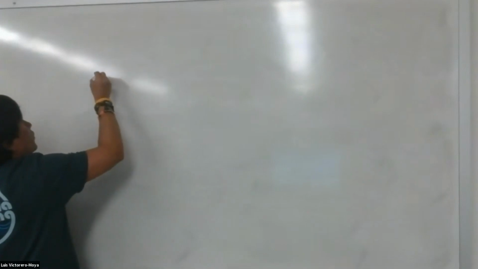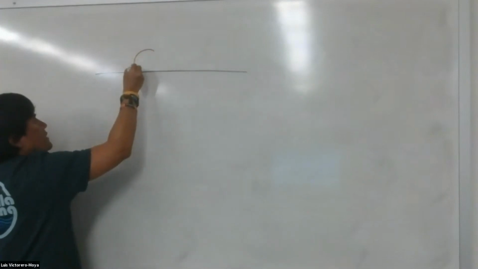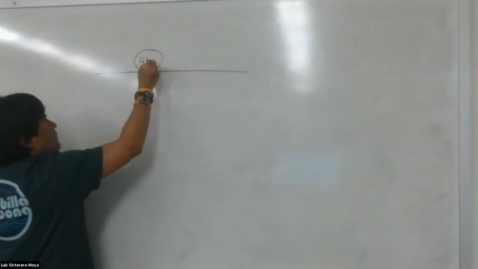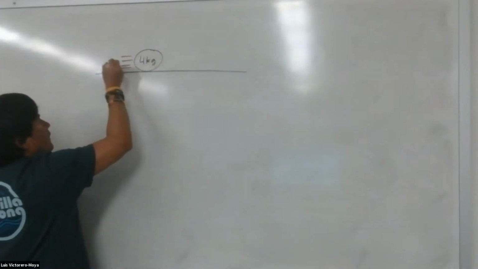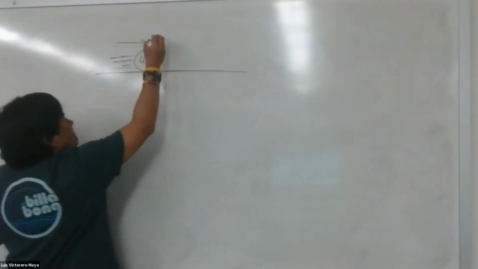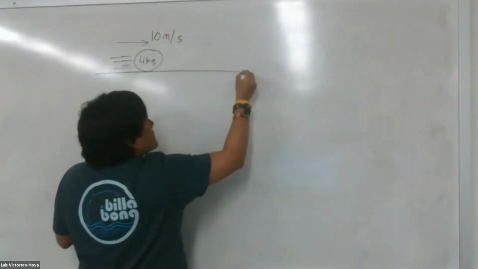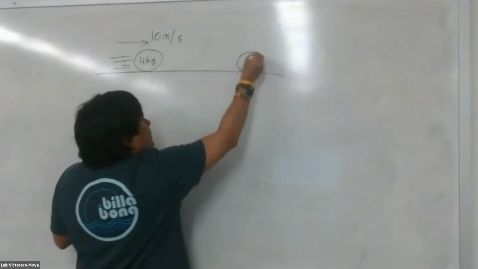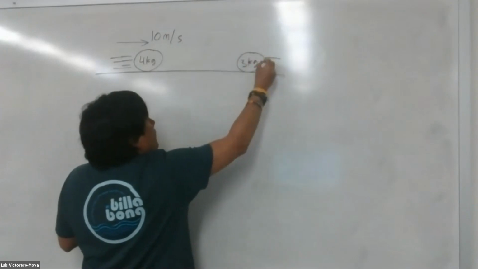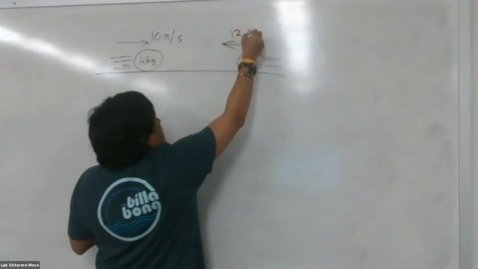So let's say I give you two masses. One mass is 4 kilograms, and it's going to be moving at 10 meters per second. And then you have another mass of 3 kilograms, which is going to be moving to the left at 12 meters per second.